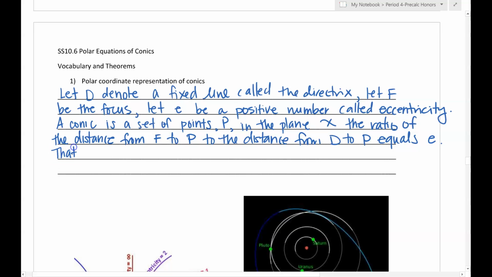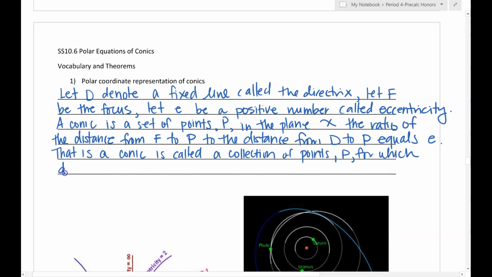Here we go. That is, a conic is called a collection of points P, for which, and this is when I talk about the distance, okay?